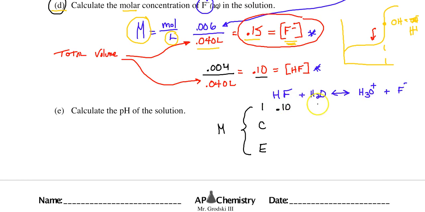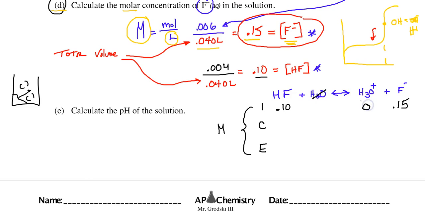This is a liquid, so I'm not really going to change that. And then we had how much F? 0.15. So those are the initial conditions. That's important. We've seen this before when we had a common ion. Remember, in Ksp, we had a beaker of something that was saturated, and there was already a concentration of ions in there. It's the same kind of deal. Now, what we're going to do is put a 0 here.